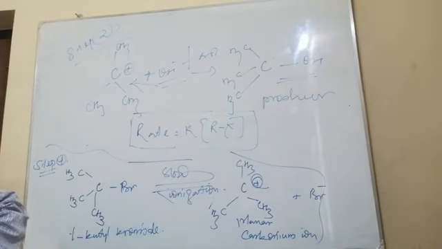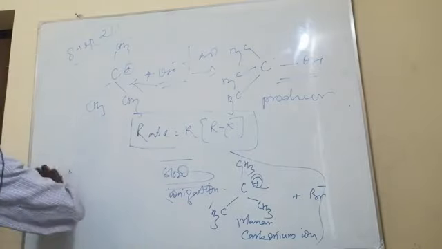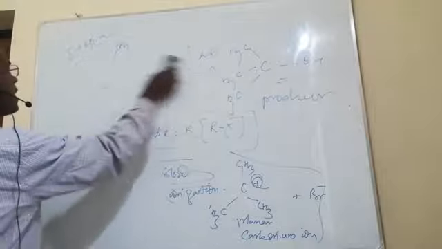And the next thing is, the rate depends on the structure of the halide. Both in the case of SN1 and SN2, the rate of the reaction depends on the structure of the alkyl halide.